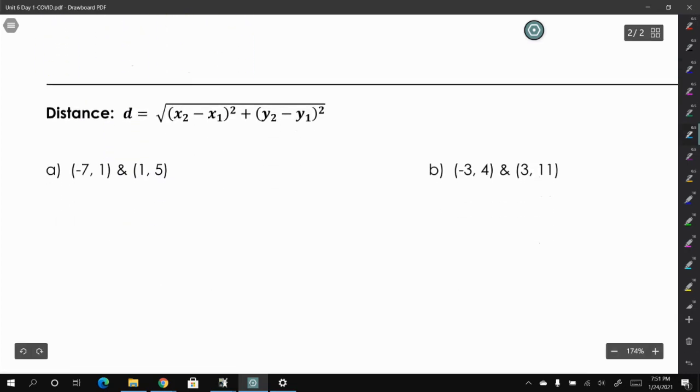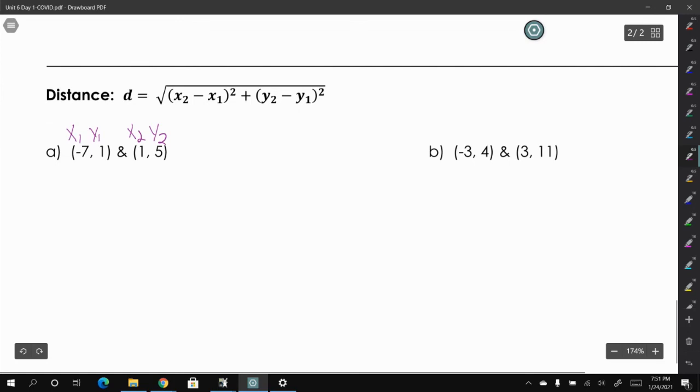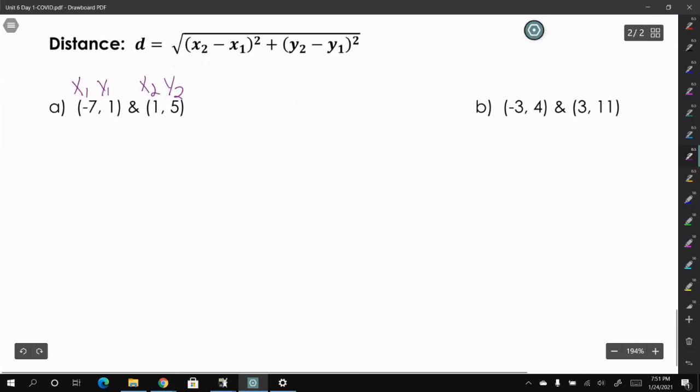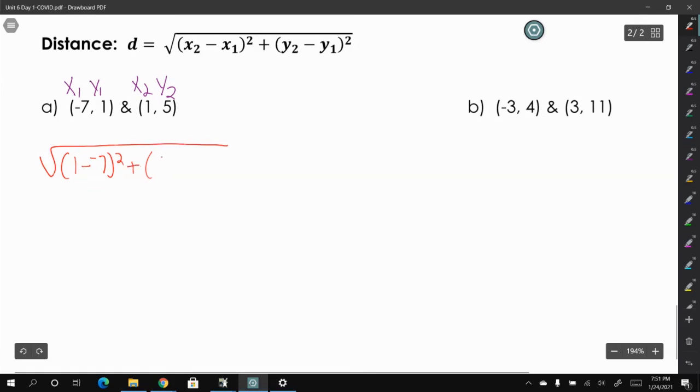Then for your distance, x1, y1, x2, y2. And for now, let's just do the decimal approximation if we need to. That will make it a little bit easier for now. So then we'll have the square root of x2, so 1 minus -7 squared plus 5 minus 1 squared. So again, I'm just going to type all of this in my calculator and not accidentally make mistakes.